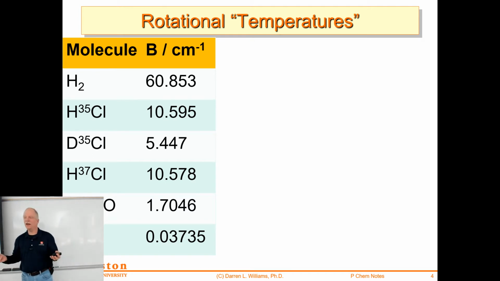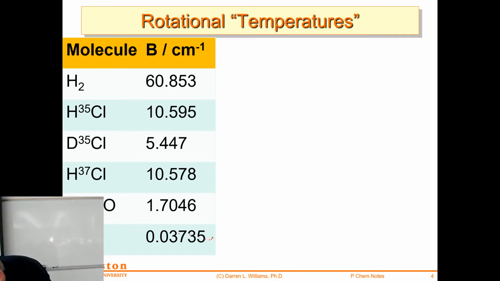And then when you get to iodine, look what's happened. Now we have 2 masses, they're equal, and they're 127 grams per mole. So that's in the denominator, so your rotational constant is really low. If we took that 0.03735 for iodine and divided by 0.695, can someone do that real quick on their calculator? 0.0537.